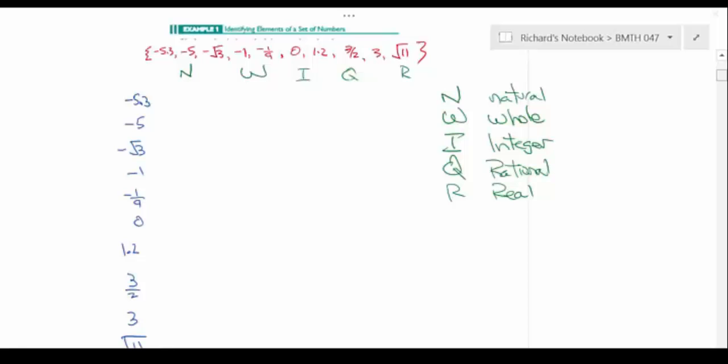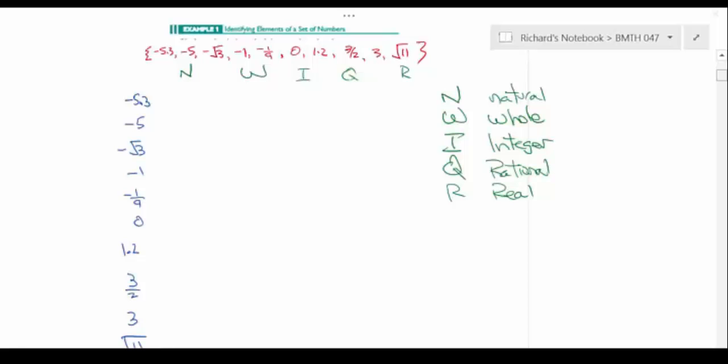Negative 5.3. Because it's got a negative sign, it cannot be a natural number, because no natural numbers are negative. It can't be a whole number because no whole numbers are negative. It can't be an integer because it's got this decimal bit. Negative 5.3 could be written as negative 5.30 or negative 5.300 or negative 5.3000.